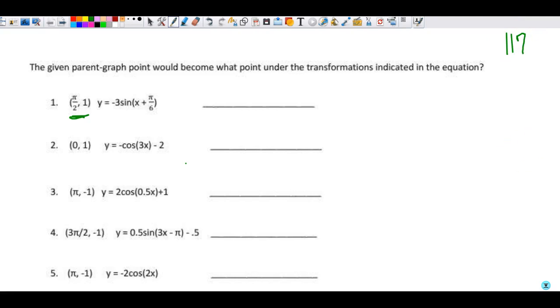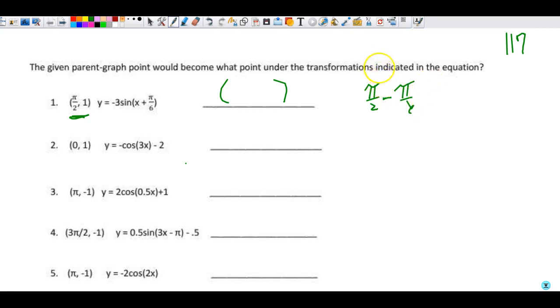So just like we did in that little chart, I'm going to get an ordered pair, and I'm looking at what happens with x and what happens with my y. So with this pi over 2, that's my x value. The only thing that's happening with x is a horizontal translation, so I'm going to have to subtract pi sixths. So when I have pi halves minus pi sixths, I need a common denominator.